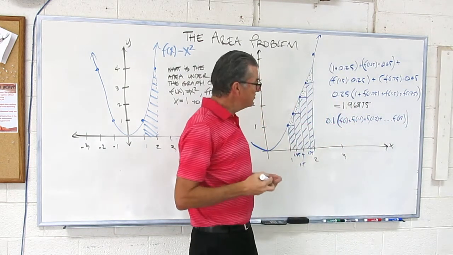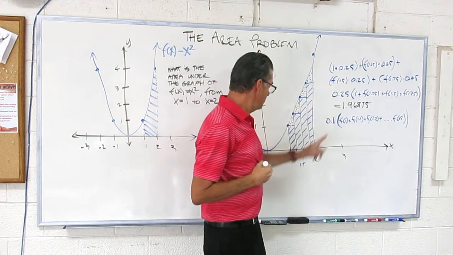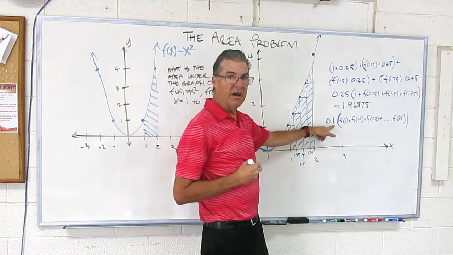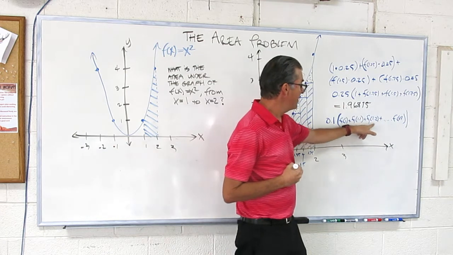Okay? So I'm doing the same calculation I did here, but instead of quarter wide rectangles, I'm doing 1/10 wide. And then instead of increasing by a quarter every time, I'm increasing by a 1/10 every time.